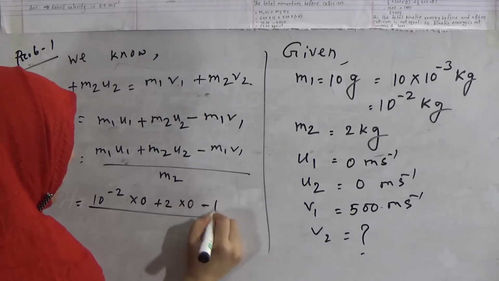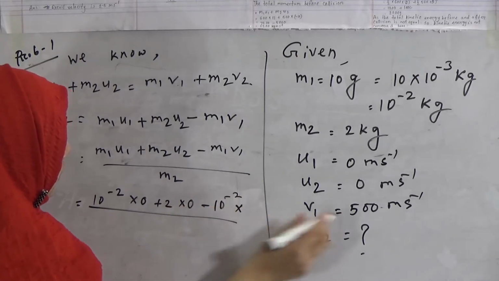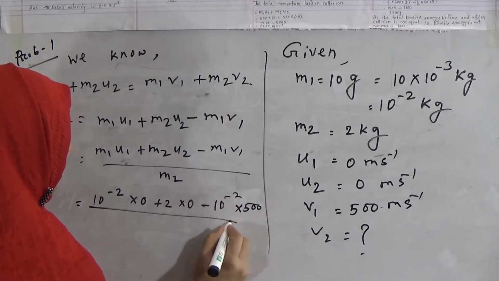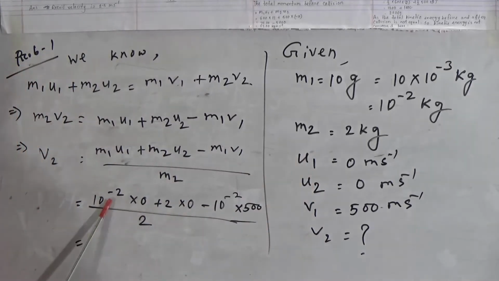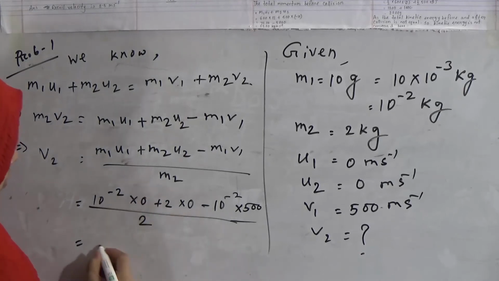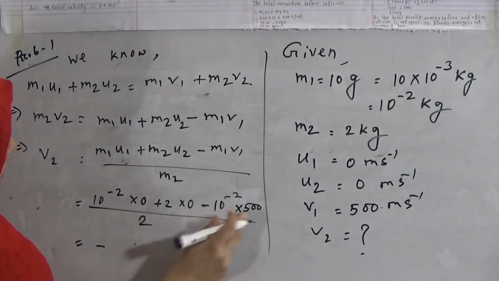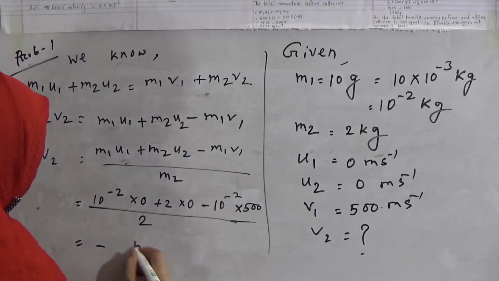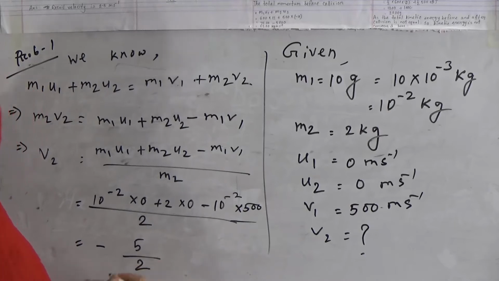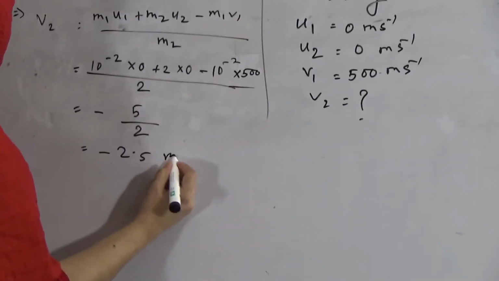Minus m1, 10 to the power minus 2, into v1 which is 500, divided by m2 which is 2. This part is 0, and this part is also 0. So we write 500 into 10 to the power minus 2, that means it will be minus 5 divided by 2, which is minus 2.5 meter per second.